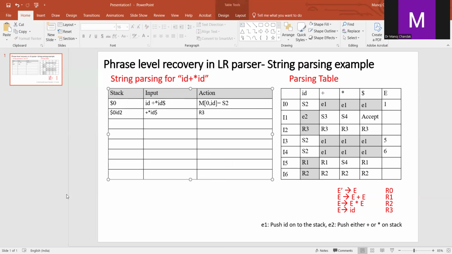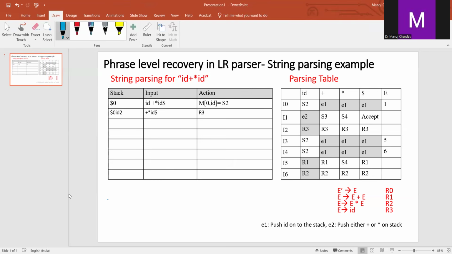We take the length of the production rule, that is 1, and we will remove two entries from the stack, that is 2 and ID.